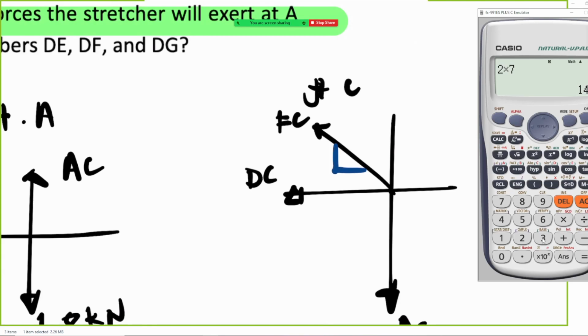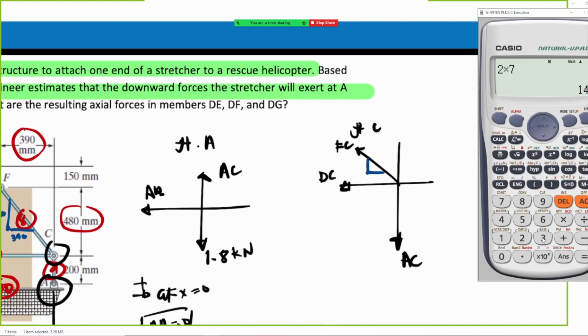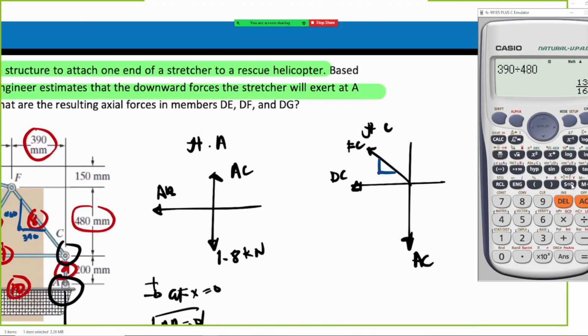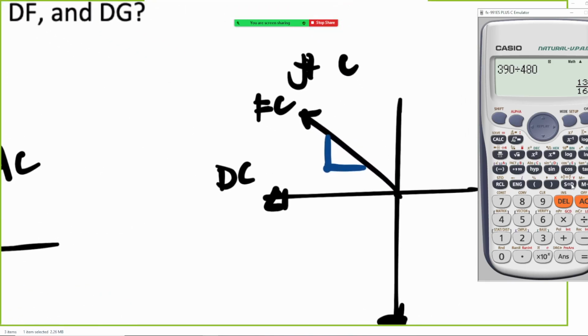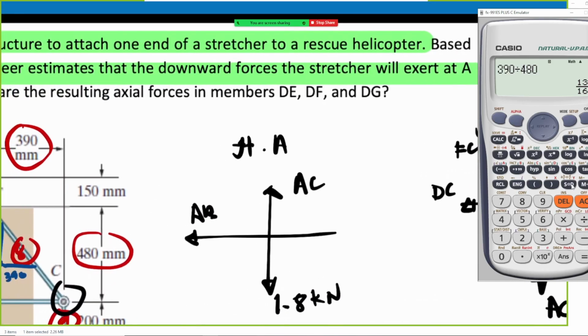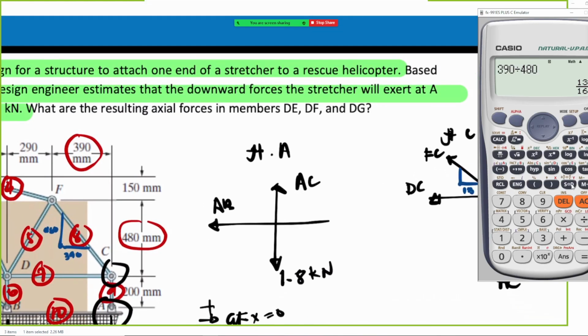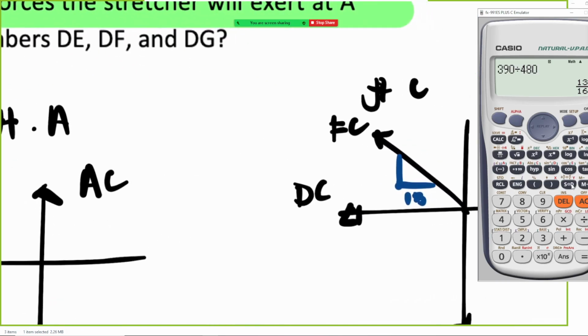Okay? So, ano sa tingin nyo yung common denominator ng 390 and 480? Okay, 13 and 16. So, ibig sabihin, yung 13 dyan is your X component. Okay? And then your 16 is your what? Y component. Okay?